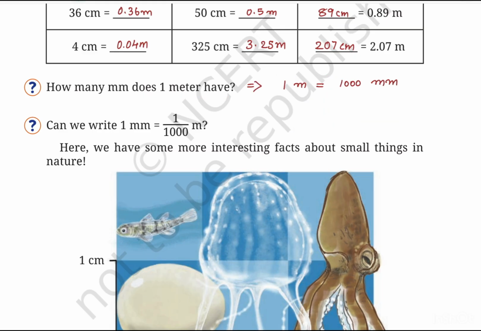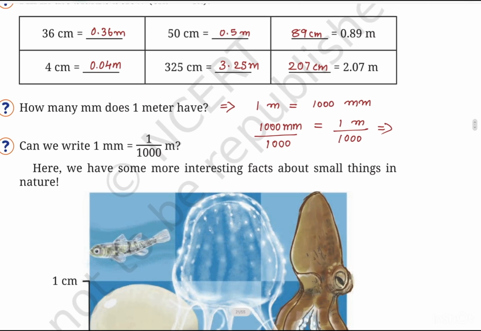Can we write 1 millimeter equal to 1 by 1000 meter? 1000 millimeter is equal to 1 meter. So dividing by 1000 on both sides, 1000 by 1000 will become 1.